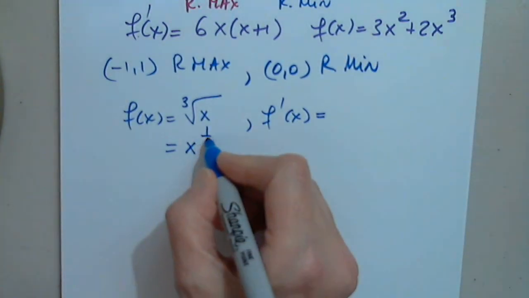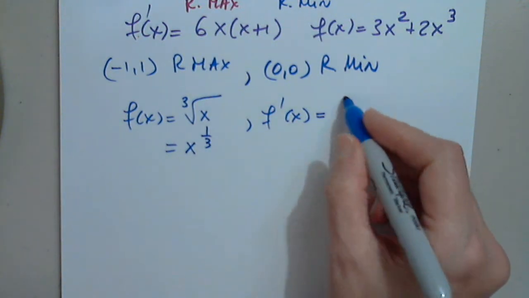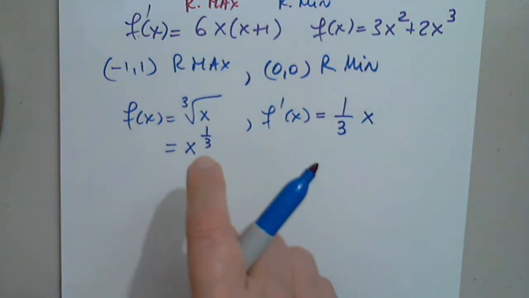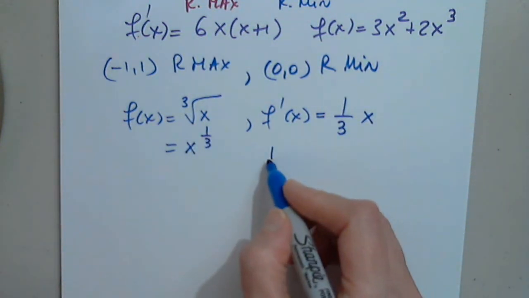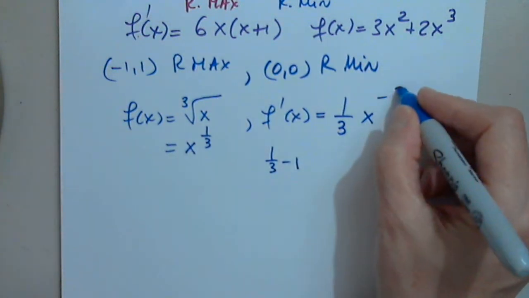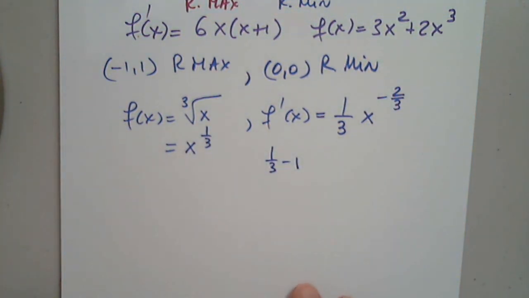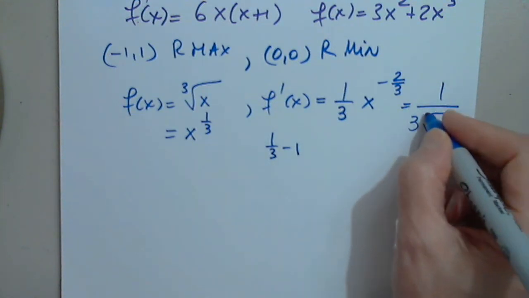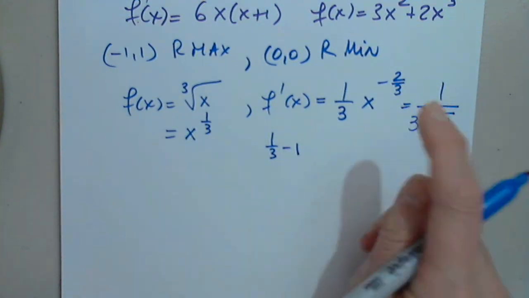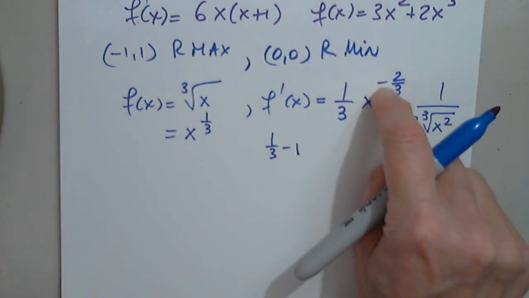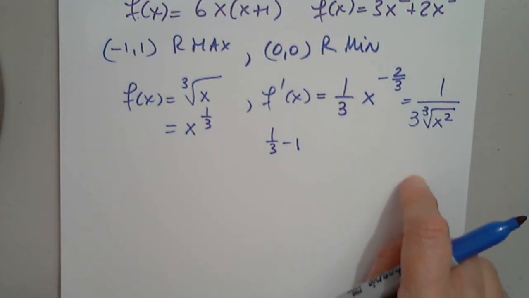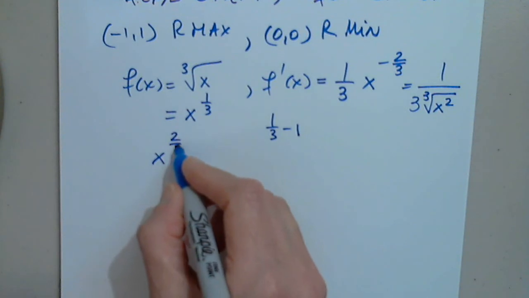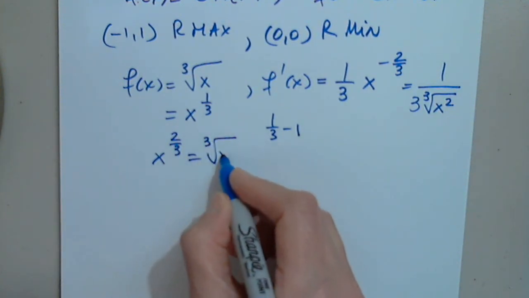Thank you very much. So we bring 1/3 in front. X, we subtract 1. So 1/3 minus 1 will be negative 2/3, which changes into 1/3 the cube root of x squared. It's negative, so it goes to the denominator. And x to power 2/3 is the cube root of x squared.